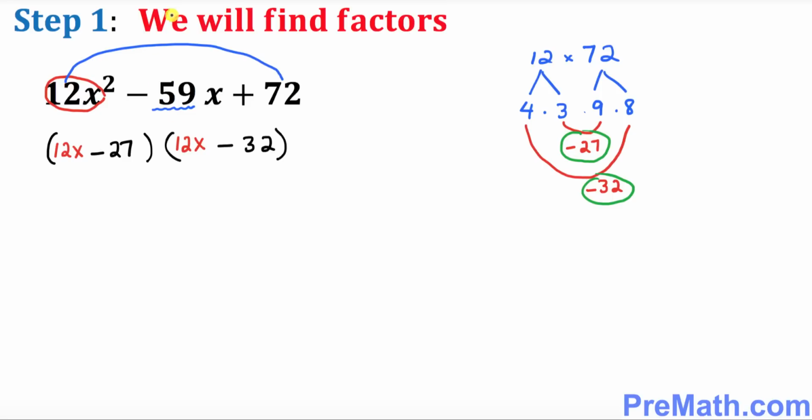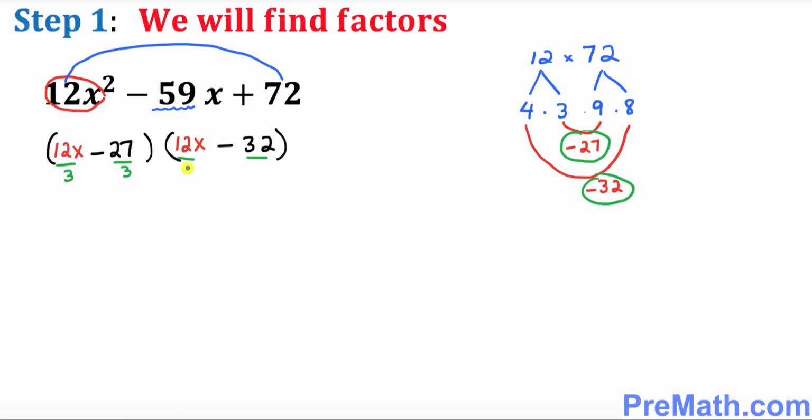Now the next thing I want you to do is look at the first parentheses, 12 and 27, and look for the greatest common factor. The greatest common factor for 12 and 27 is for sure 3, isn't it? This is the biggest number that divides into both of them. Likewise, look at 12 and 32.